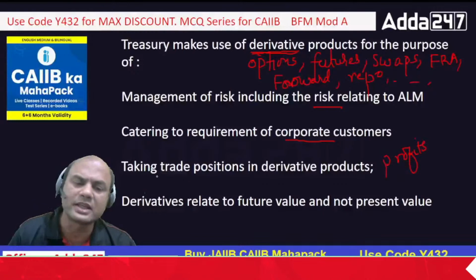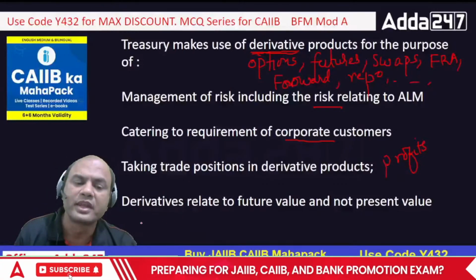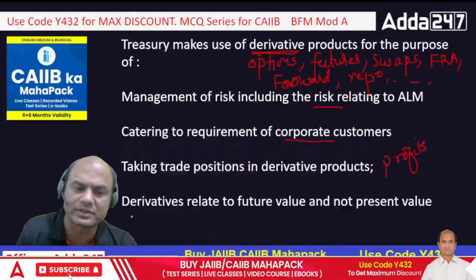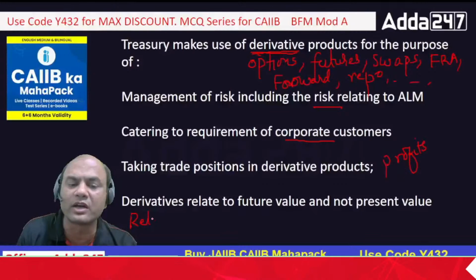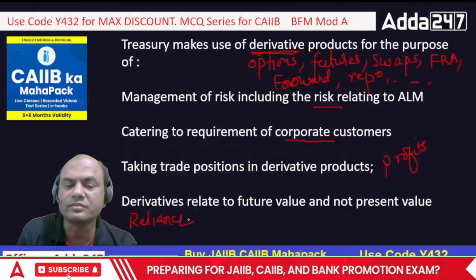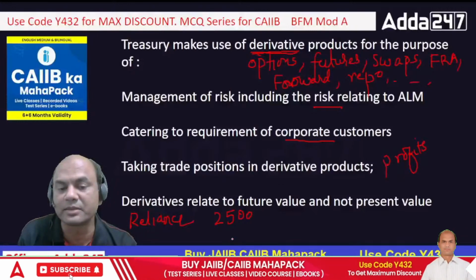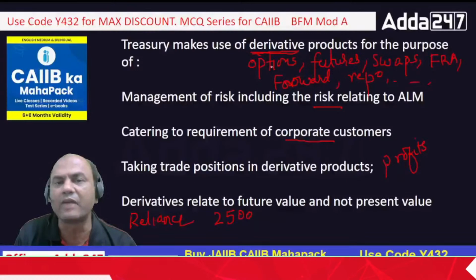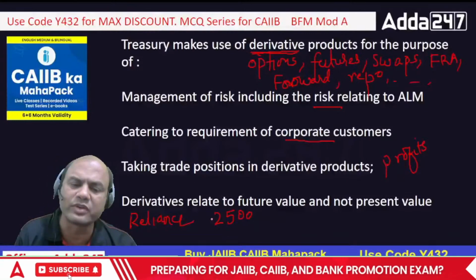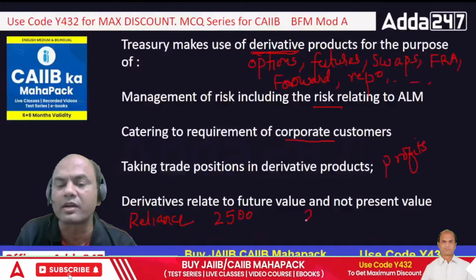Let me give you one example. Take Reliance. Reliance is right now at, let's say, 2500. If I am the options trader, I will say, okay, Reliance is 2500 right now, but I feel this will go to 2700 in the next 1 week.